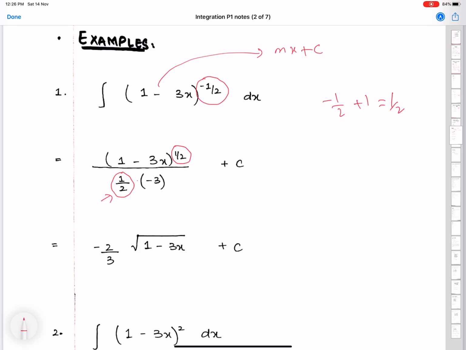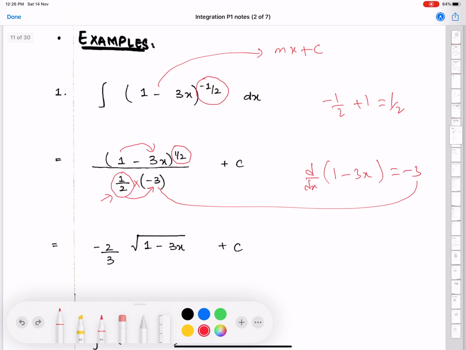And we need to multiply this resultant power with the differential of the function. The differential of this function is, you can do this mentally, minus 3. So this minus 3 is the differential of this function.